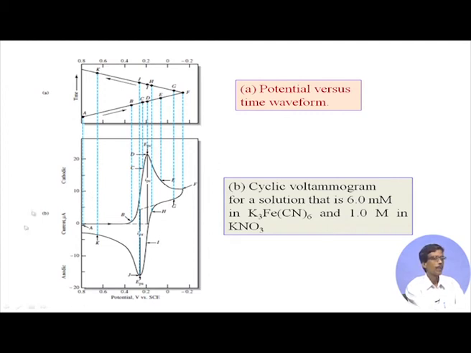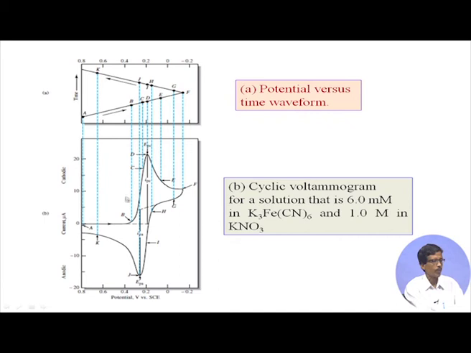Anywhere we apply this, you should be able to indicate the corresponding process of cyclic voltammetric measurement. We start from A, so this arrow is shown to you. This is your scan direction.